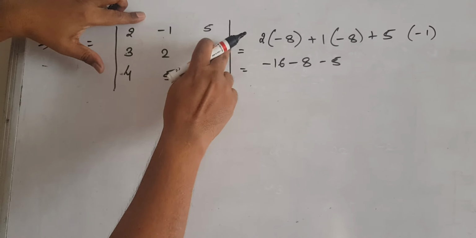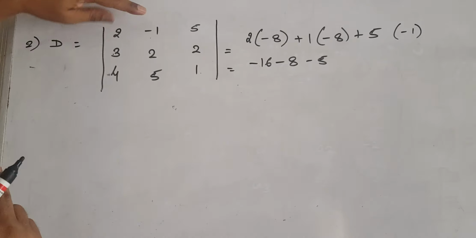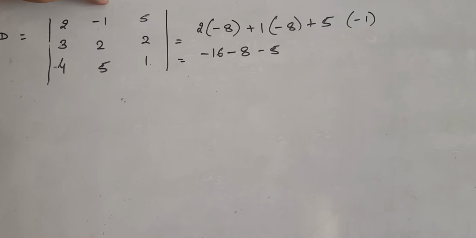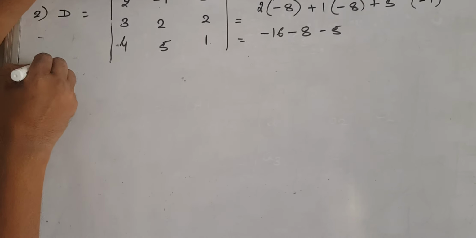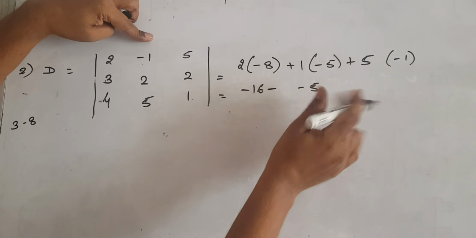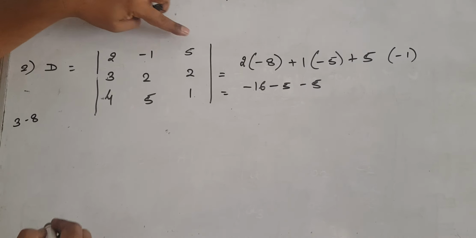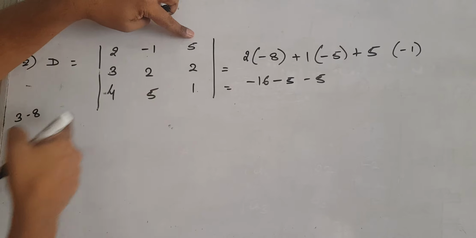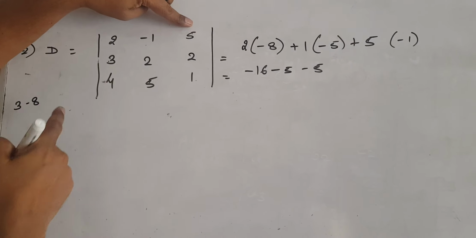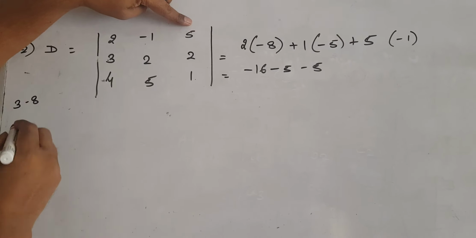2 ones are 2 minus 10 is minus 8, plus 1 into 3 minus 8, sorry, 3 4s are 12, no, 3 minus 8 is minus 5. And this should be 5 into 15 minus 8. 5 3s are 15 minus 8. What is 15 minus 8? 4 2s are 8, no? So that should be 9.